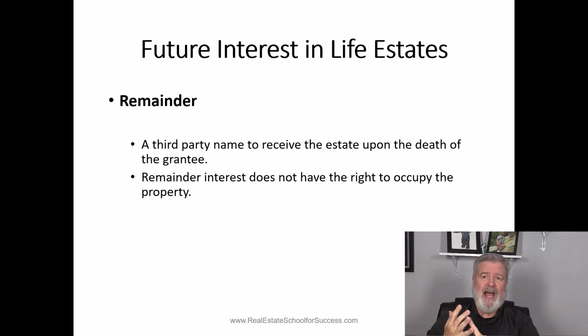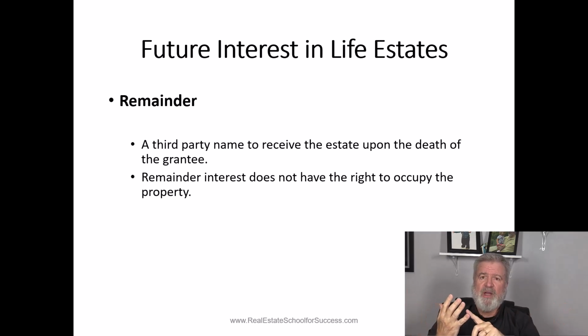Because see, here's what happens, and I don't want to get too graphic here, but the second the life tenant dies, the moment that person's heart quits beating, remainder interest goes away. It disappears. It no longer exists. It's an instantaneous thing. Life tenant dies, boom. Remainder interest does not even exist anymore.